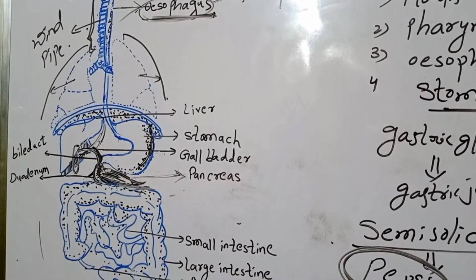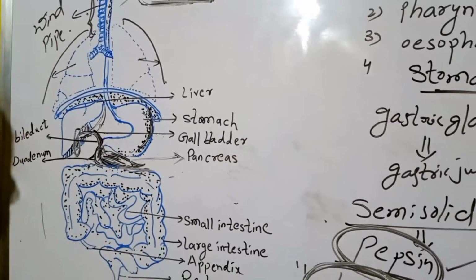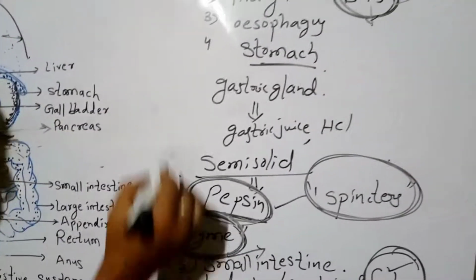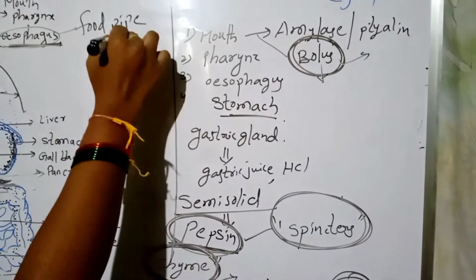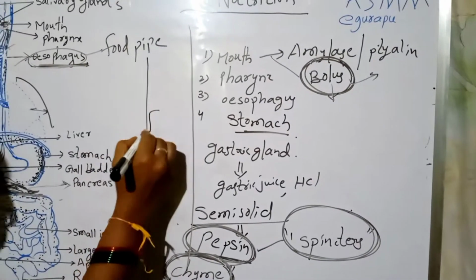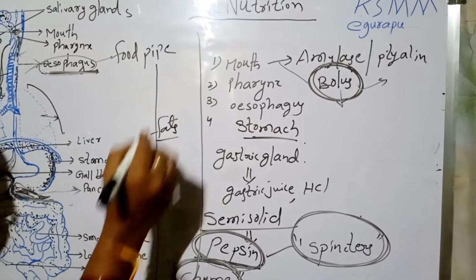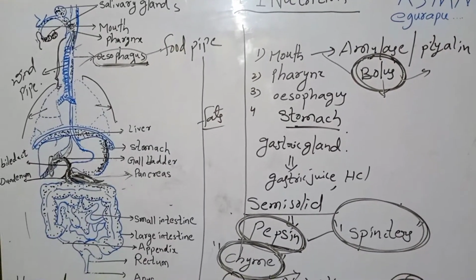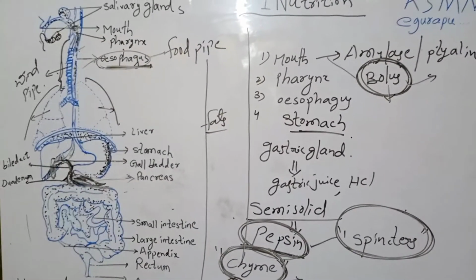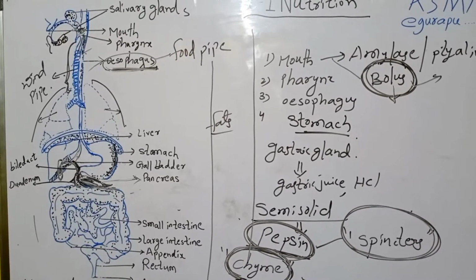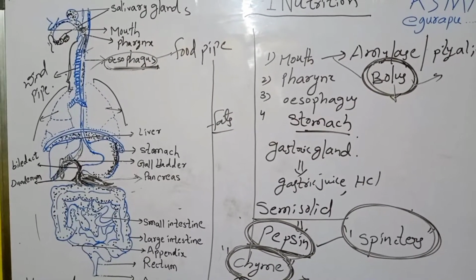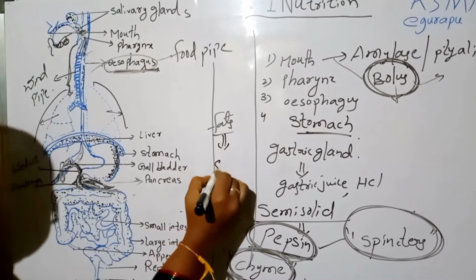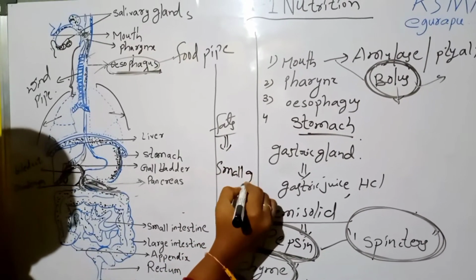So fats are digested with bile juice. Fats are converted into small globules with the help of bile juice.